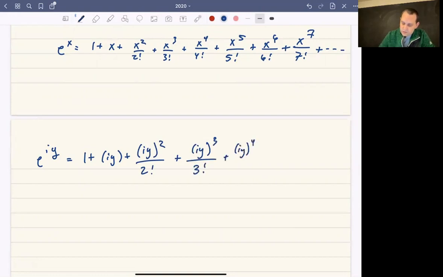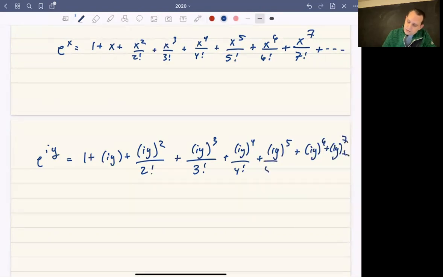So (iy) to the 4th over 4 factorial, (iy) to the 5th, (iy) to the 6th, (iy) to the 7th. Okay, and so that's if you replace all the x's with iy.